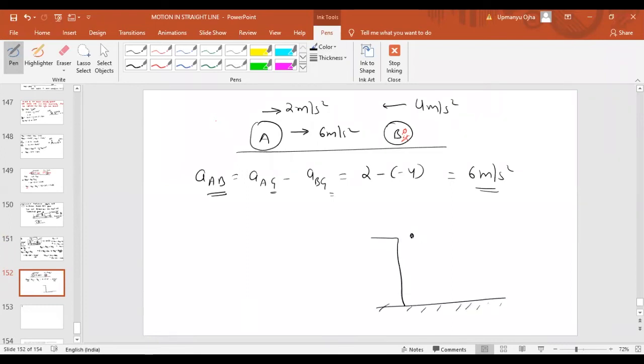We have one object A. I have dropped this object. Drop means initial velocity 0 meter per second. After 2 seconds, A must be somewhere here, and at that time I am dropping object B. What is the relative acceleration between A and B?